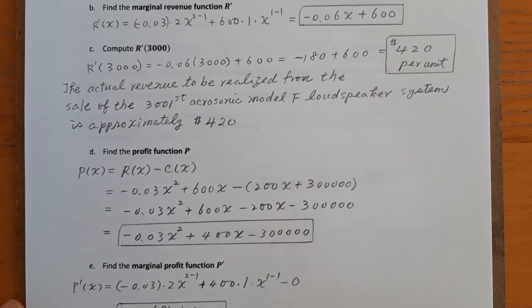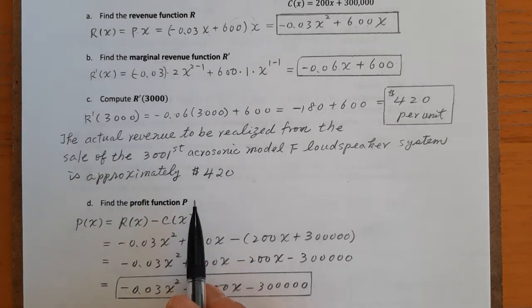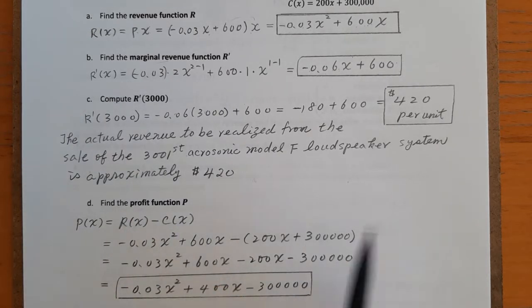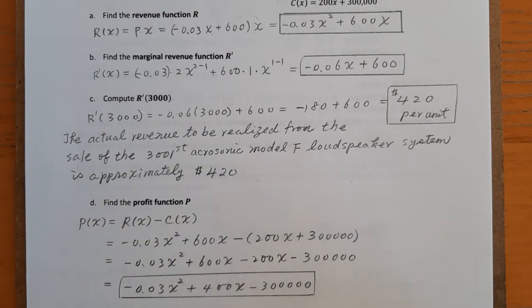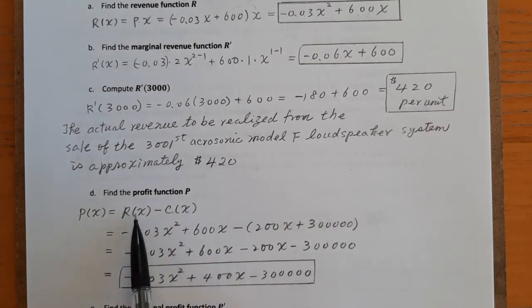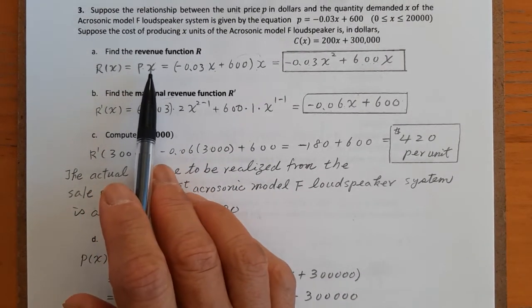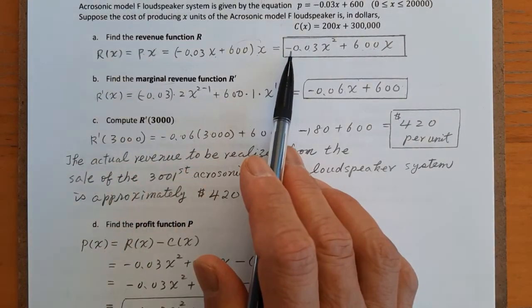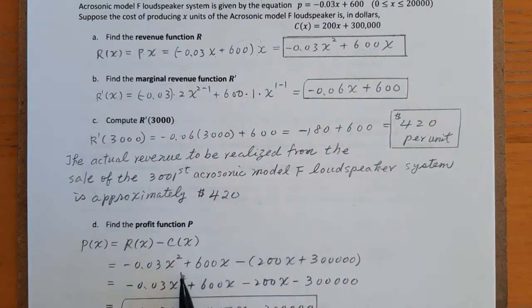And then next, find the profit function. What is a profit function? Profit function is revenue minus cost. The money you bring in, subtract the expense, is the net profit, P of x. So P of x is R minus C. R of x we figured out is P times x, negative 0.03 x squared plus 600x, minus C of x, the cost.